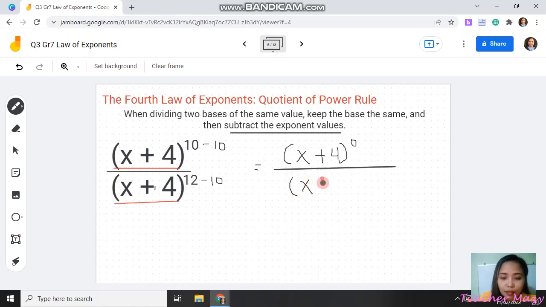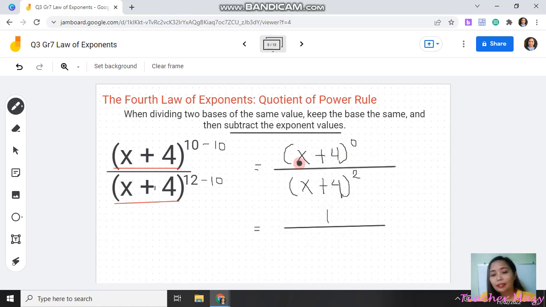So x plus 4 raised to 2. Okay, so we have another law of exponents. It says the zero power rule, so any number raised to 0 is equal to 1. Since the exponent of our numerator is 0, it becomes 1.